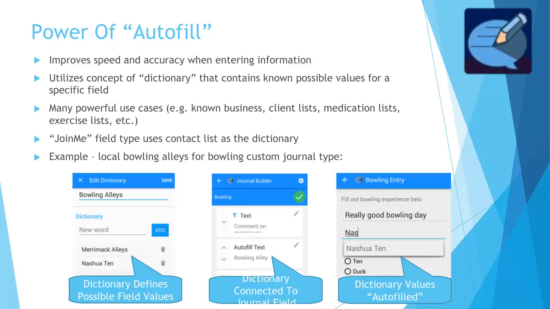And then the last just shows an example of data entry for this bowling journal type, where when you go to enter the bowling alley, as soon as you type in the first letter or two, it'll provide suggestions for you to select, and those suggestions are provided from the dictionary.